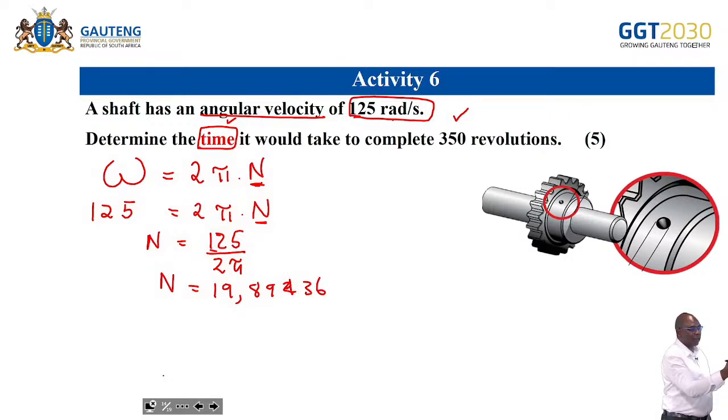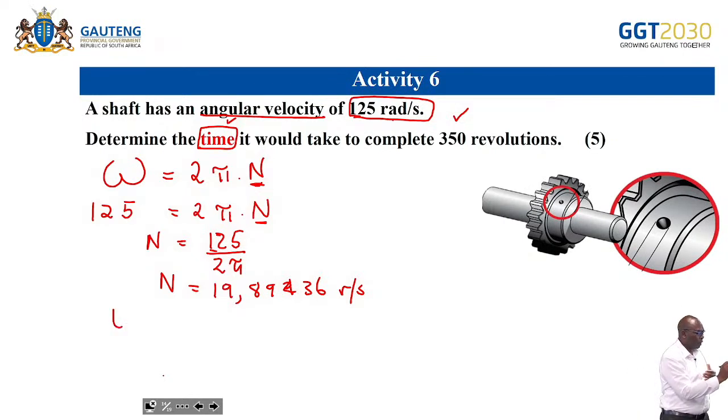Right, that is revolutions per second. So we have the revolutions per second, but now remember what do we need here? We need to find the time it will take to complete 350 revolutions. The 19.89 is for the 125 radians per second, but we need the time to complete the 350.